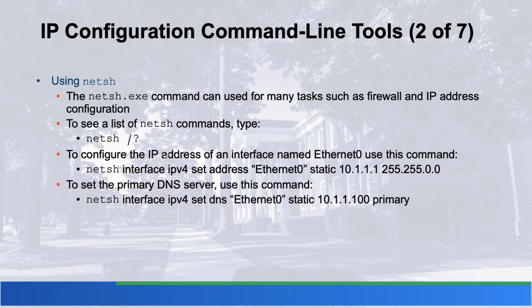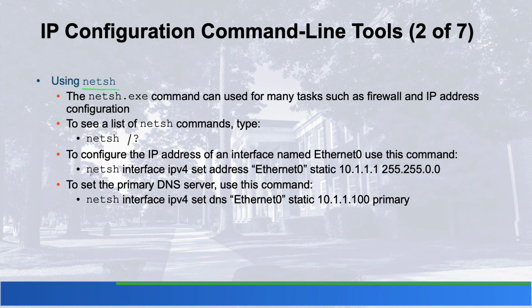Net shell is if I'm using a Windows box that doesn't have a GUI or a click and icons and a mouse and stuff like that. So if I'm using a computer that just has a command line, I use net shell to do all my network functions. So I can set IP addresses.